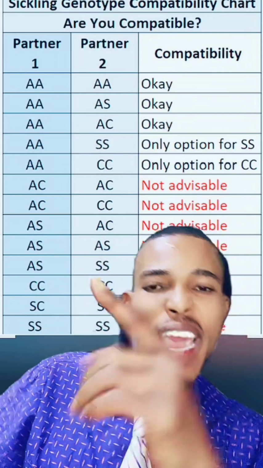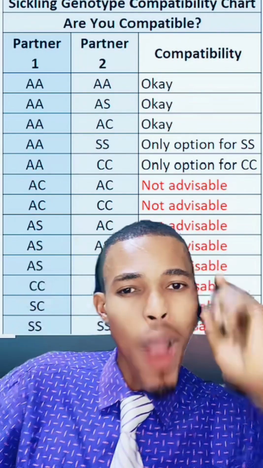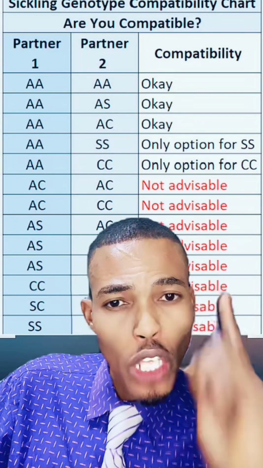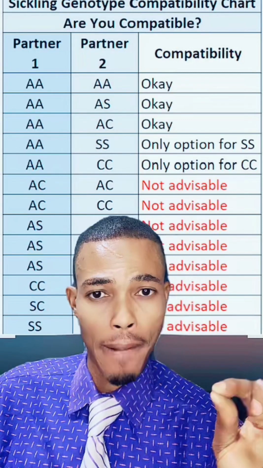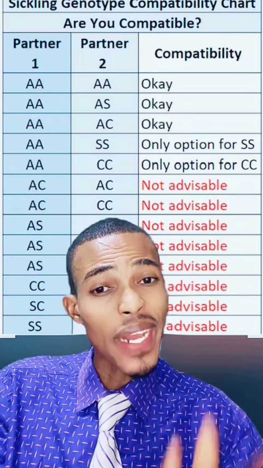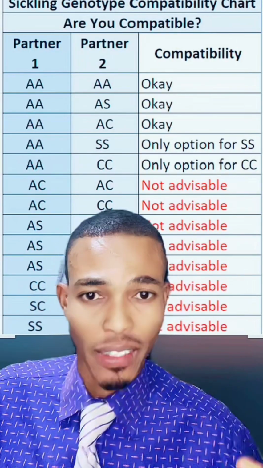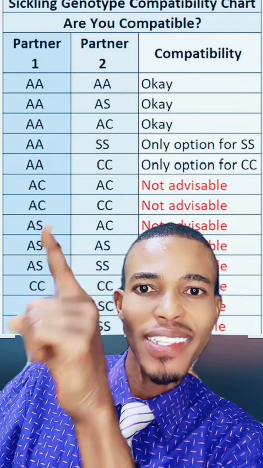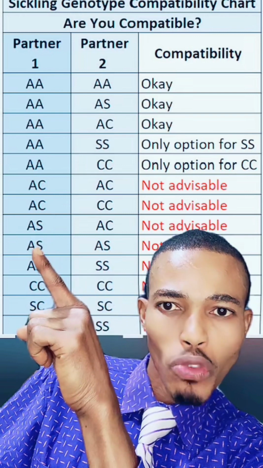With AS and AS, out of four children, one of them is automatically going to end up with sickle cell disease. It could be the first child, the second child, or the third child. You may have only one child, and that child has SS because you are AS and the person is also AS. This S is going to cross with this S.